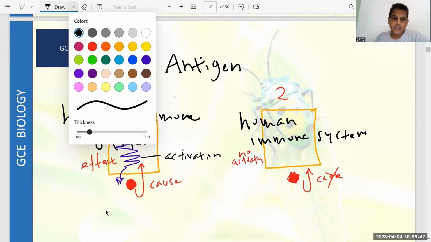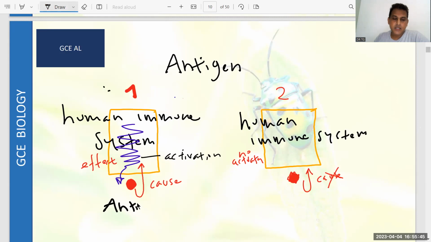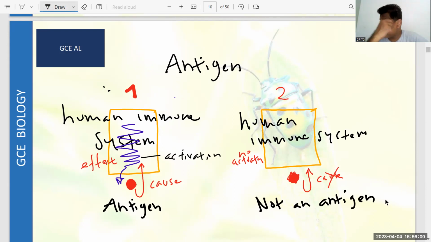So we can write here, now this is an antigen. This is not an antigen. So by looking at the picture, we can define antigen. Anything which can cause activation of the immune system is called antigen.